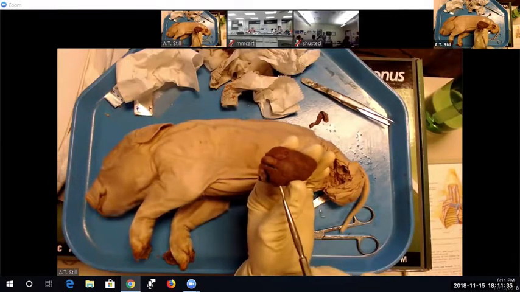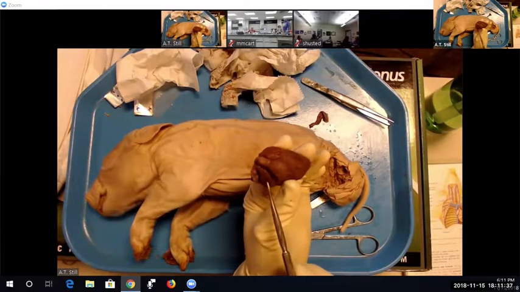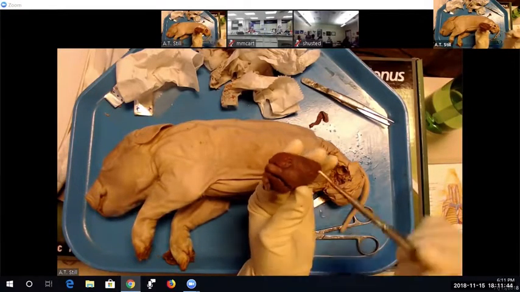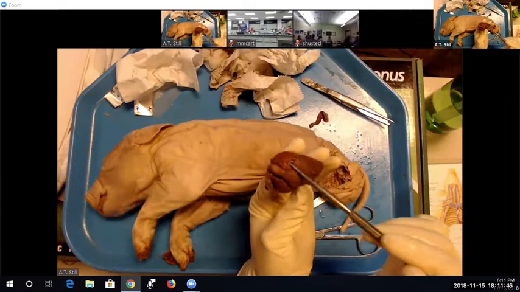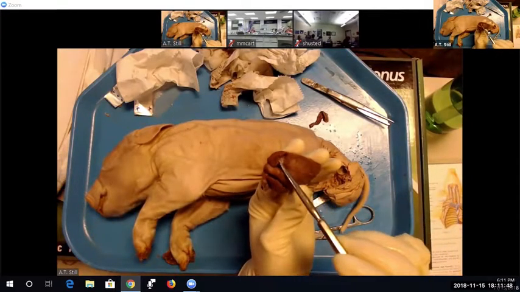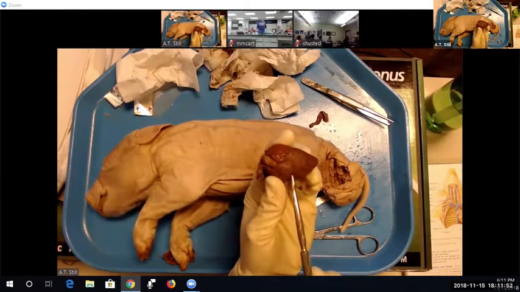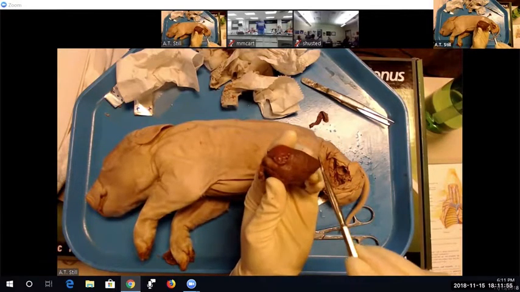And on the right side on top, you have the right atrium. That's this chamber of the heart here. You can flap it around a little bit. On the left superior aspect of the heart, you have the left atrium. And then down here, you have the right ventricle. Here you have the left ventricle.